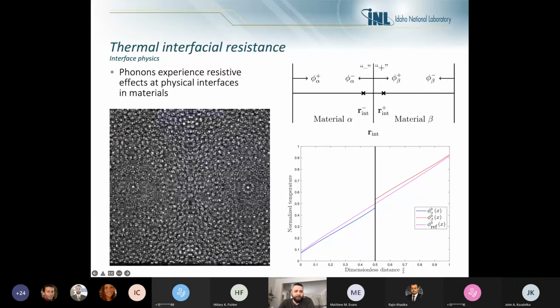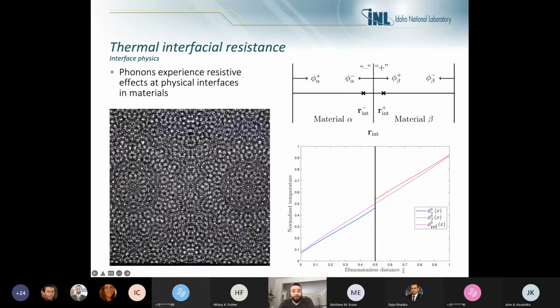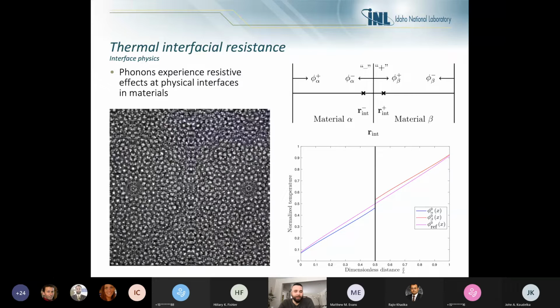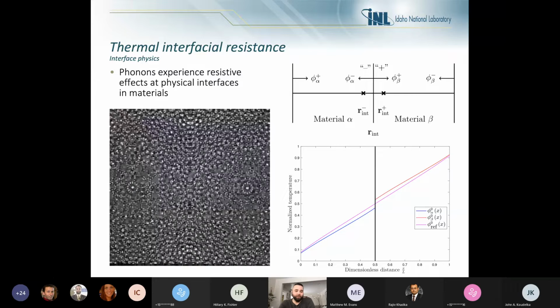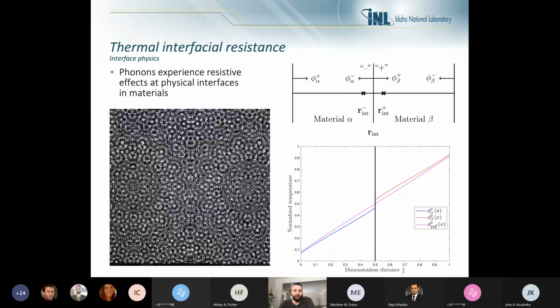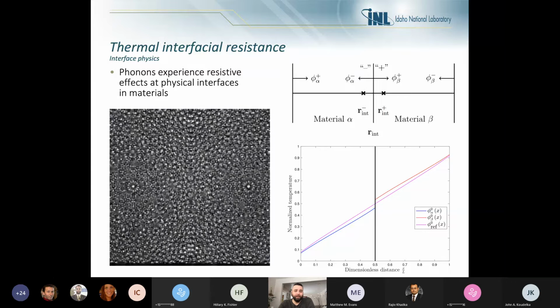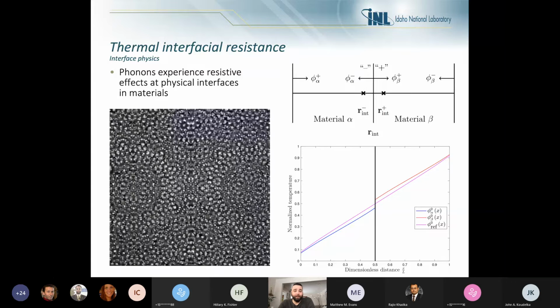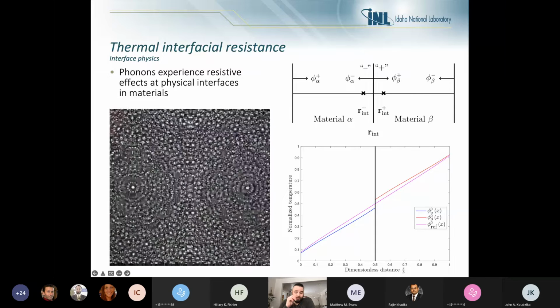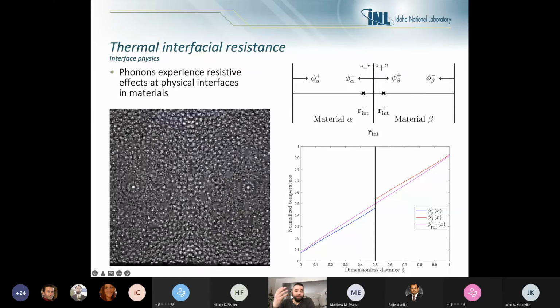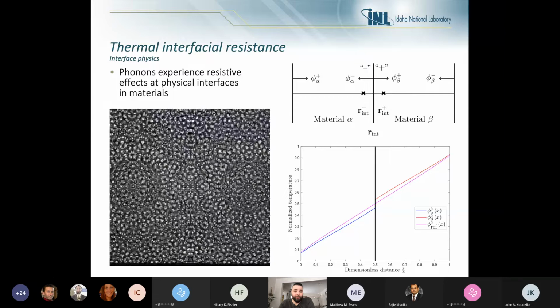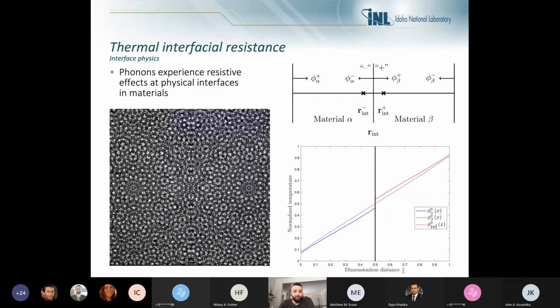Now, it's a really fundamental phenomenon that no one has a really good answer for. The model that's applied here is called the diffuse mismatch model. It was developed back in the 1980s. And it's okay. It's not great, but it's acceptable. What really happens is a topic of intense debate among phonon transport researchers.